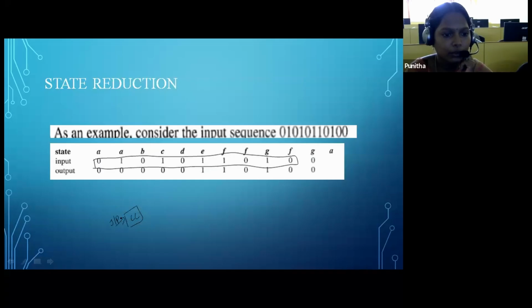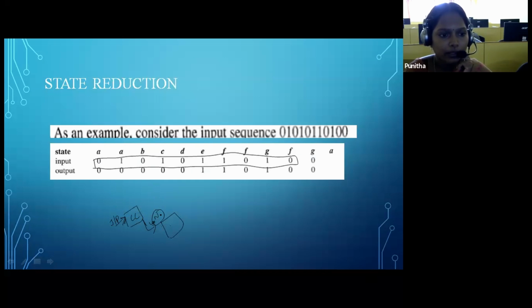Through the input of the combinational circuit, we decide the next state for the flip-flop. By processing the input in the combinational circuit, the next state will be produced.